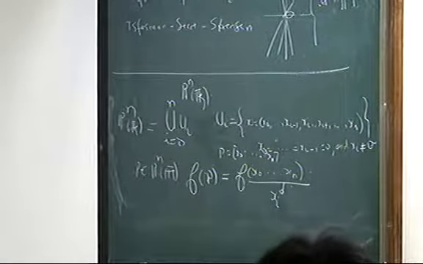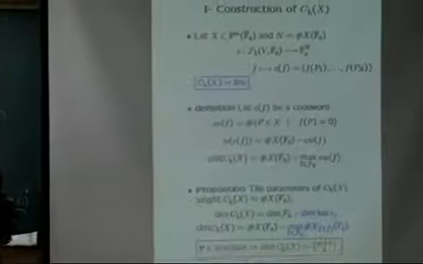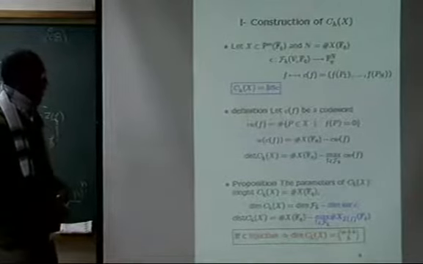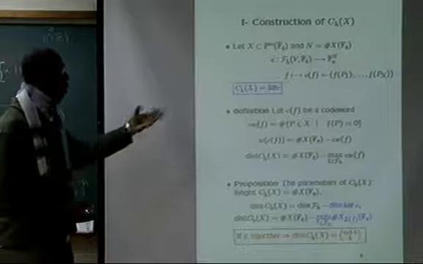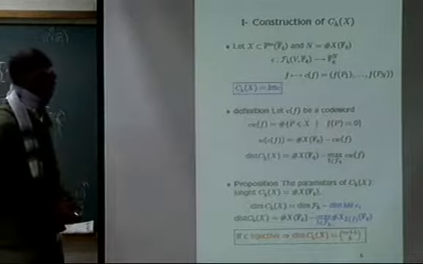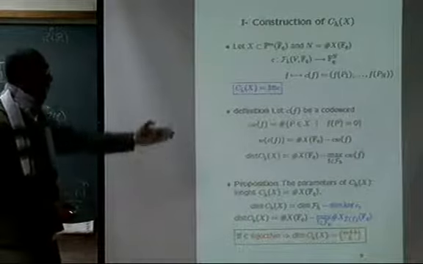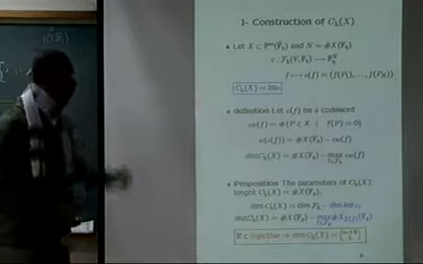Okay, good. So now, if you take an element of our code, a codeword, we define the co-weight. The co-weight is the number of points where the polynomial f is 0. And the weight is the difference between the number of points of X and the co-weight.